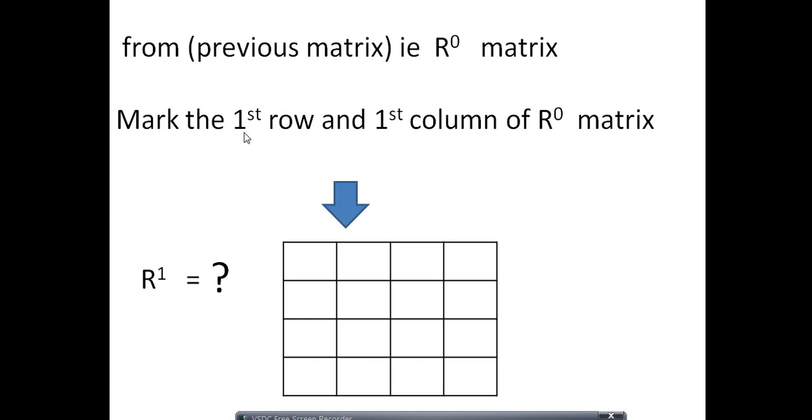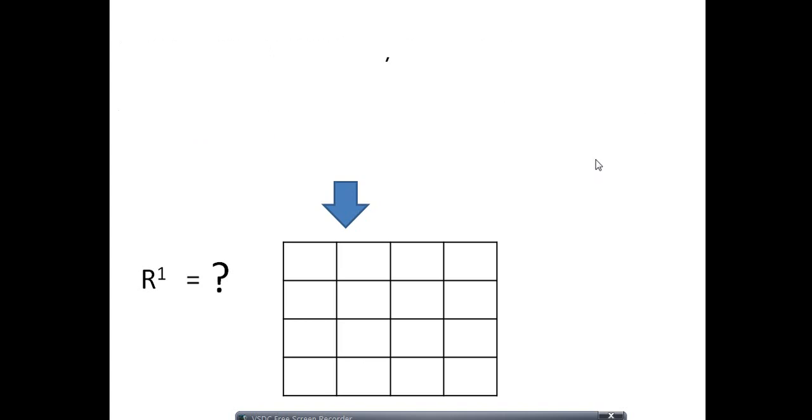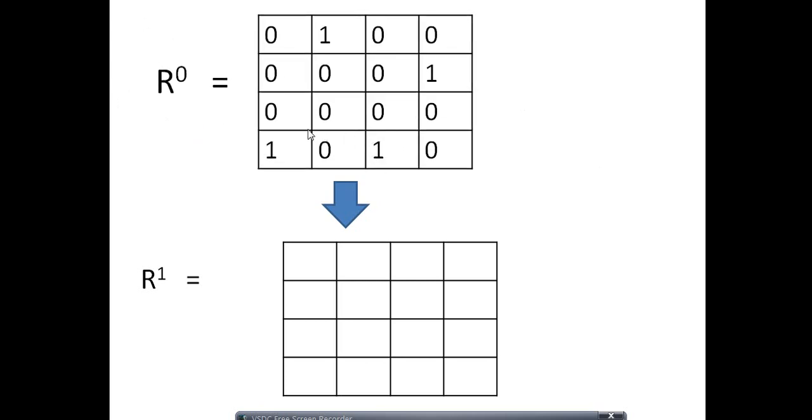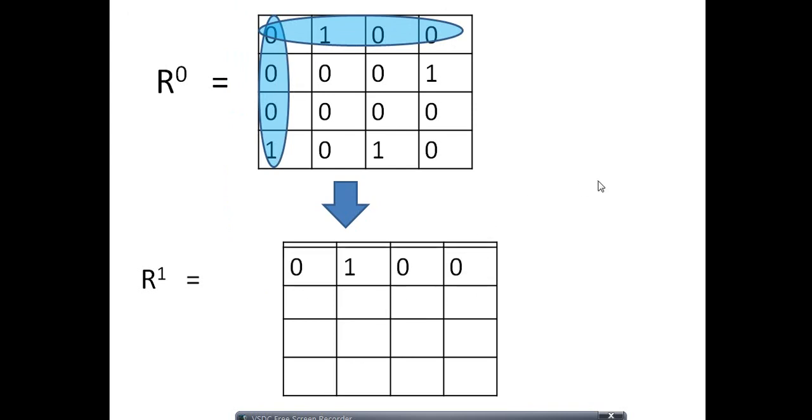In that R naught matrix we have to mark the first row and first column. After marking, we write the same values in the R1 matrix. Written.